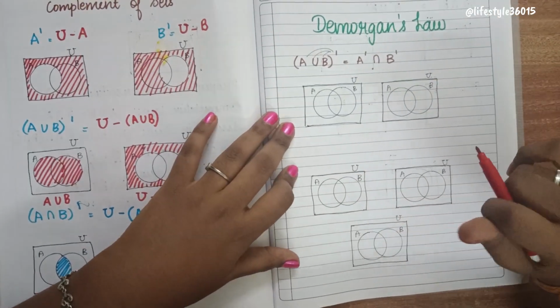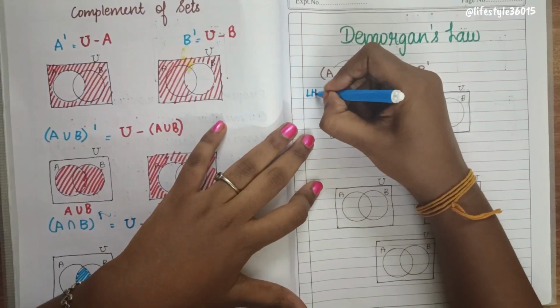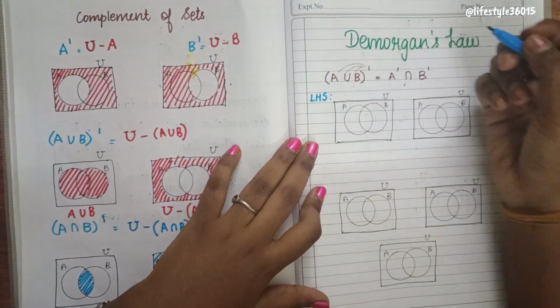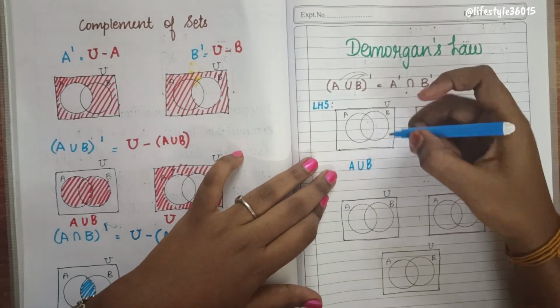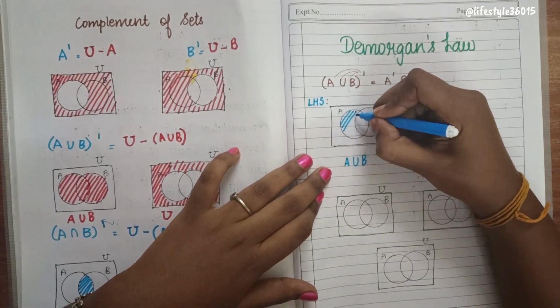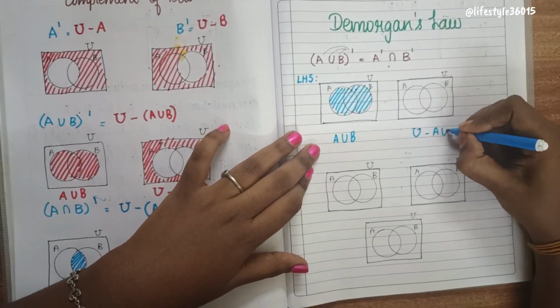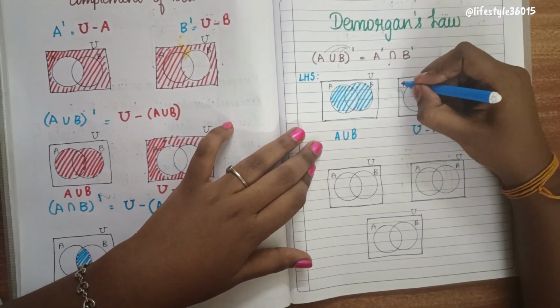Now we will learn with the Venn diagrams. First we need to draw for LHS. LHS is A union B, the whole dash. First we will do A union B, which is this one. And then we will subtract it from the universal set.